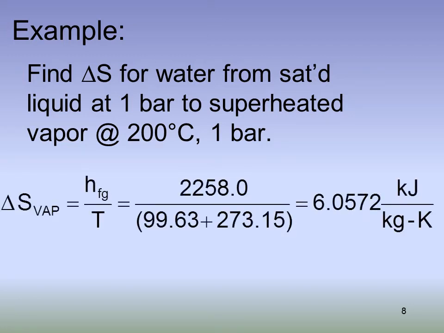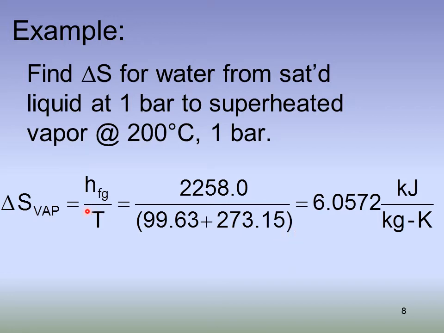So first we'll find delta S of vaporization. If you look in your steam tables, you'll find that should be approximately, depending on the tables you're using, 2258 for HFG at 1 bar, divided by T. You've got to be careful because the tables will give you T in degrees centigrade. Add the 273.15 to get it to Kelvin.